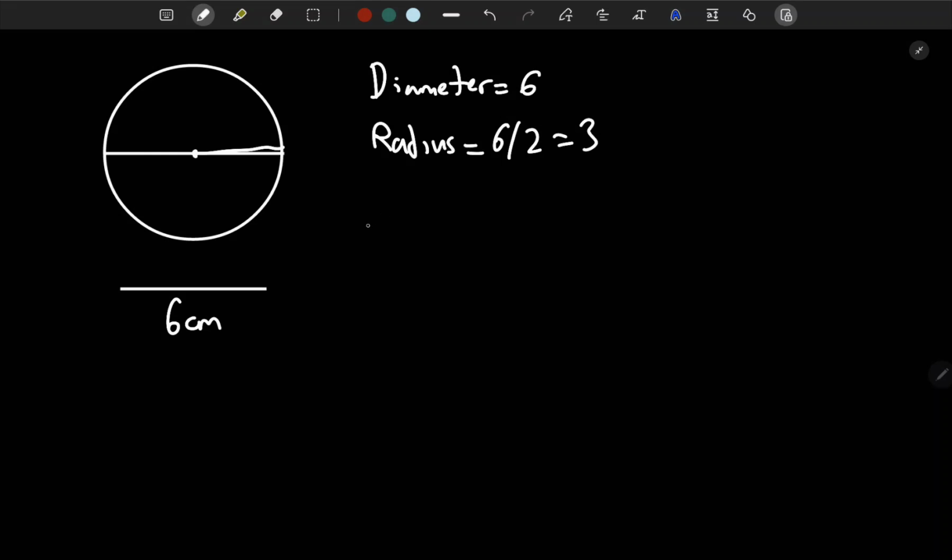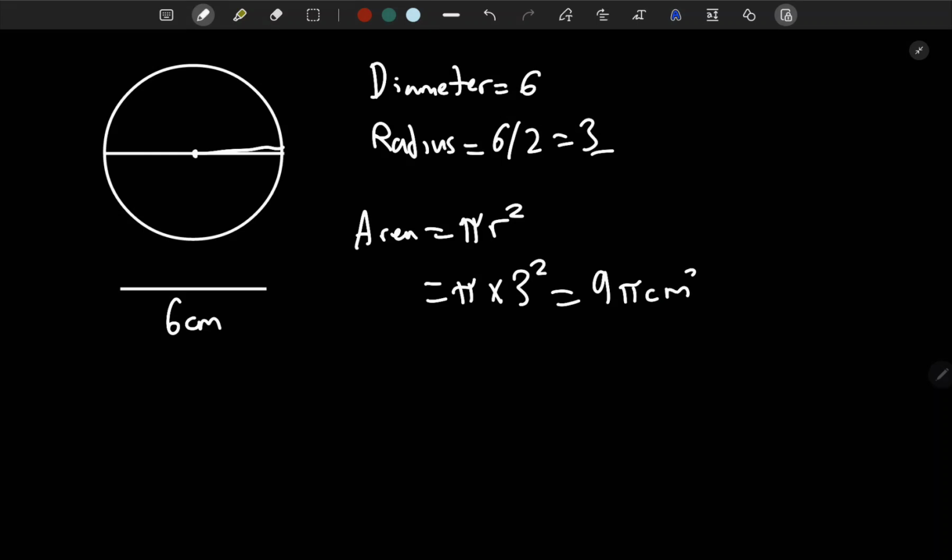Now the formula for the area of a circle is equal to pi r squared. Pi is a constant and we found r, the radius, which is 3. So it is going to be equal to pi multiplied by 3 squared, which is going to be 9 pi cm squared.